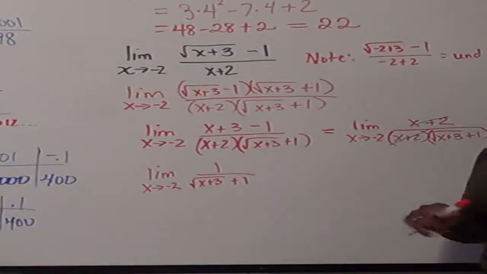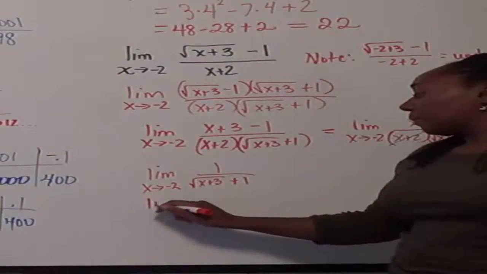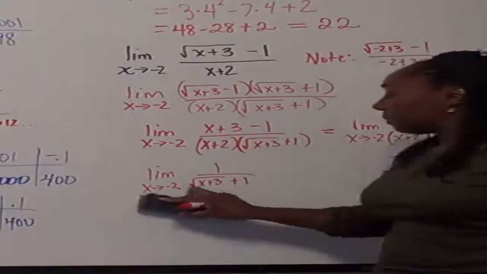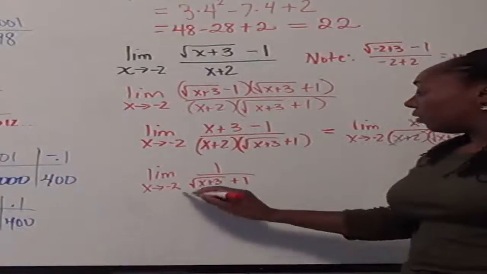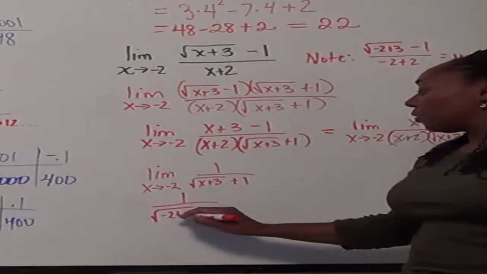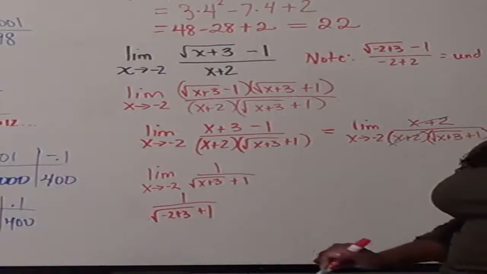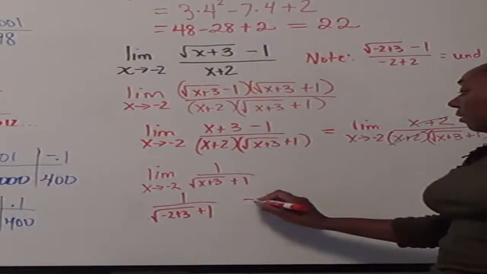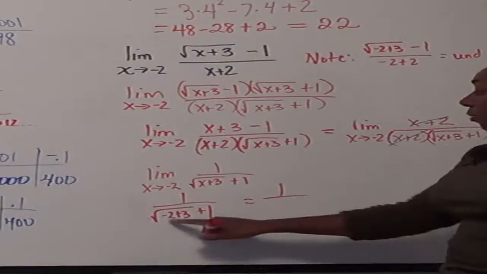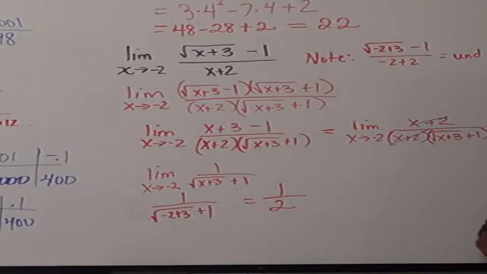And again, if I look at that, now I can plug in that x equals -2, and it's no longer going to make it something undefined. So my limit will turn into 1 over the square root of -2 plus 3 plus 1, which in this root here is just 1. So 1 plus 1 gives us a limit of 1/2.